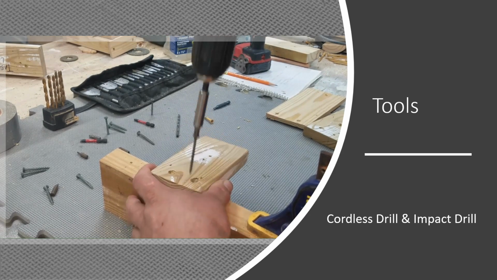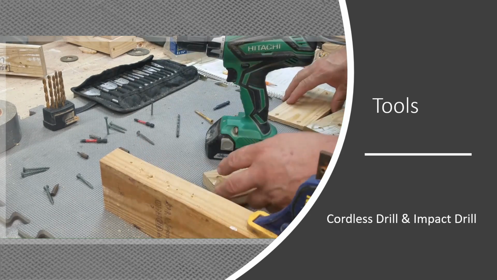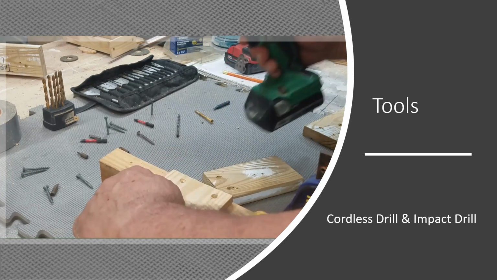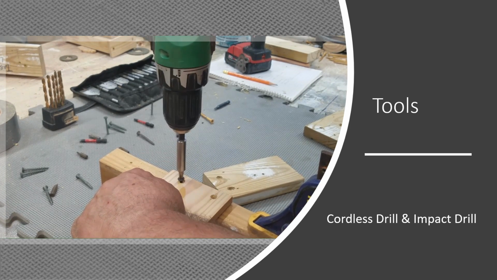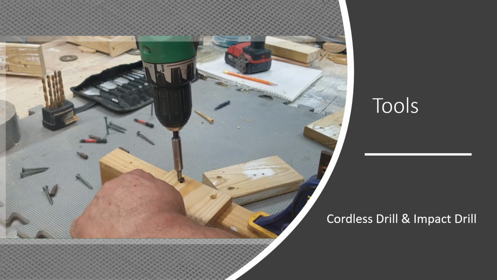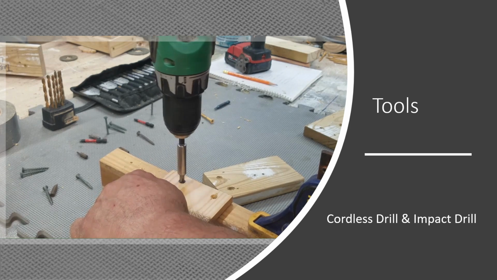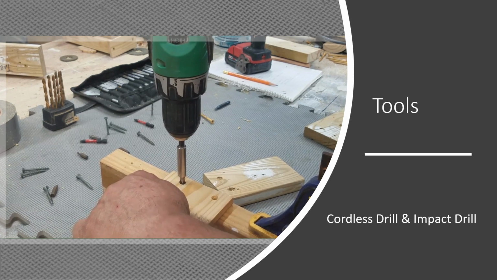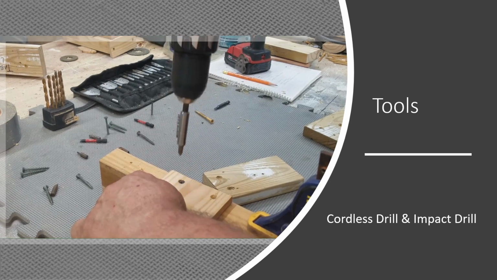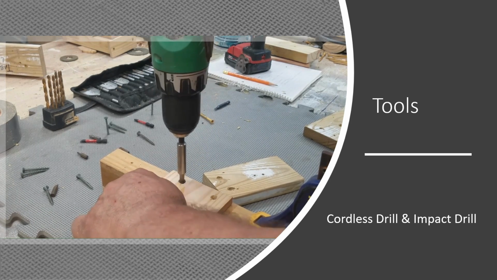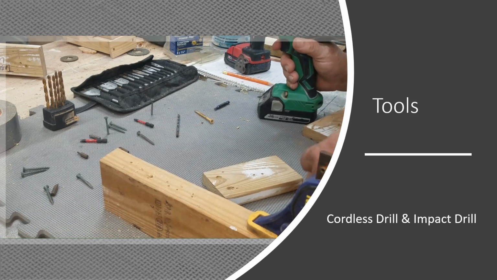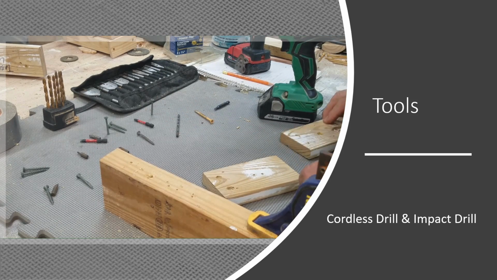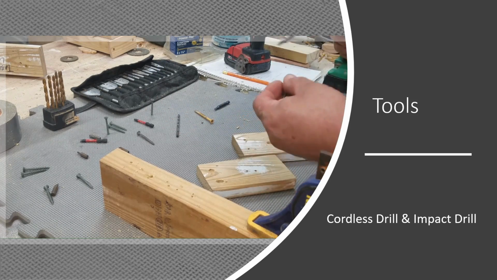So you want to make sure if you're running these screws that you don't allow that to happen. You want to make sure you keep enough pressure that when you just bump it, it doesn't spin. Let me show another example. Try it again.